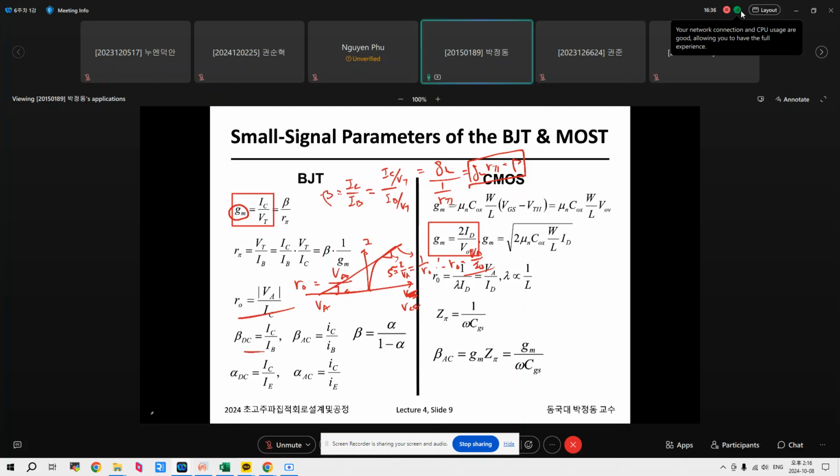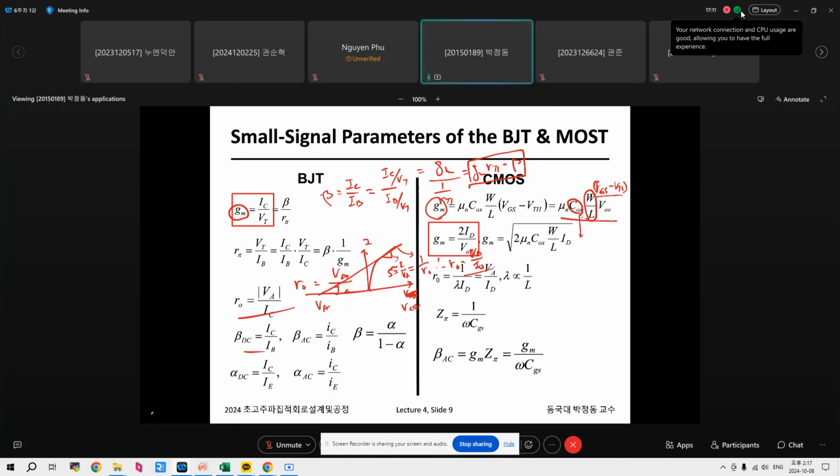For the CMOS, the transconductance is given by this. Transconductance is directly proportional to VGS, which is very important, and also directly proportional to the aspect ratio. GM is also directly proportional to COX.